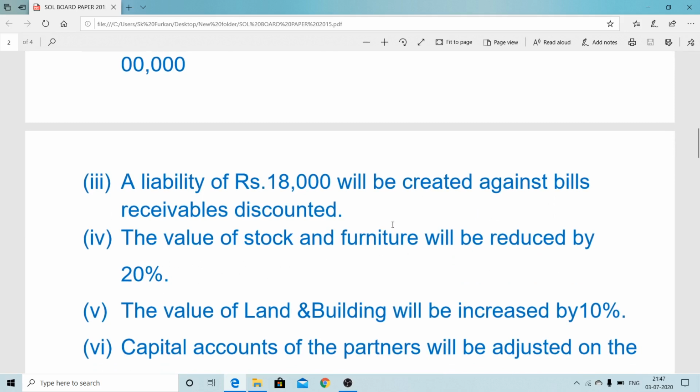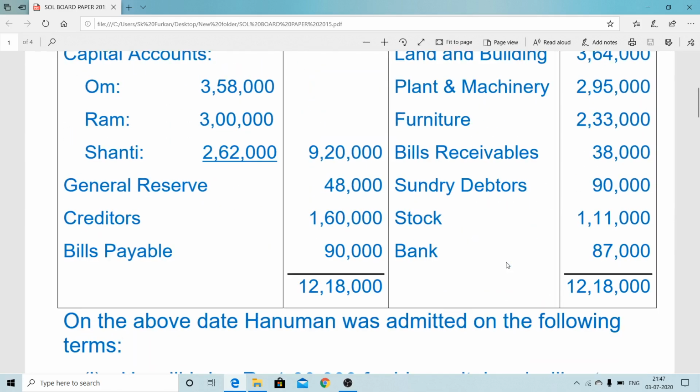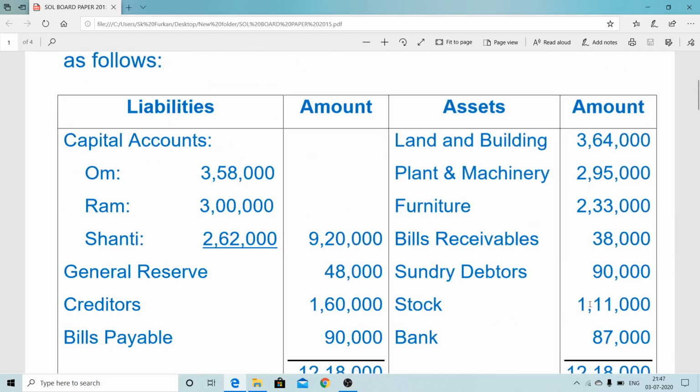The two assets, one is a fixed asset and another is a current asset. Both the asset values are reduced by 20%. So we will calculate the respective amounts for stock and furniture. Here the stock value is 1,11,000. Thereupon we will calculate 20%. 1,11,000 into 20% comes to 22,200.